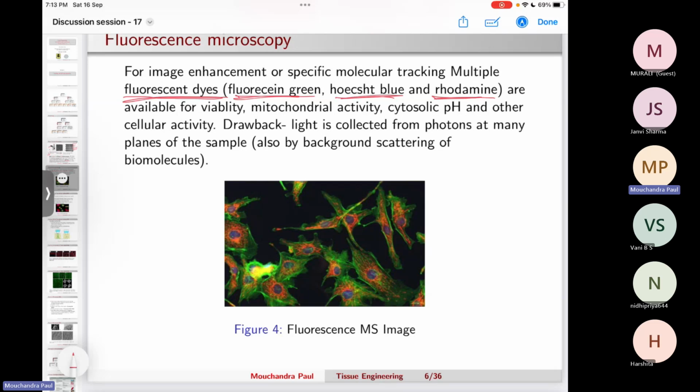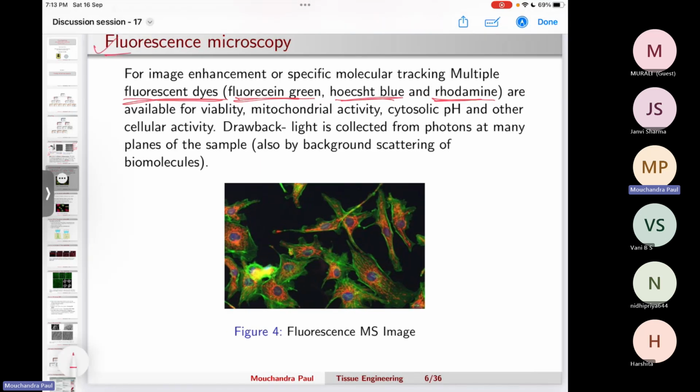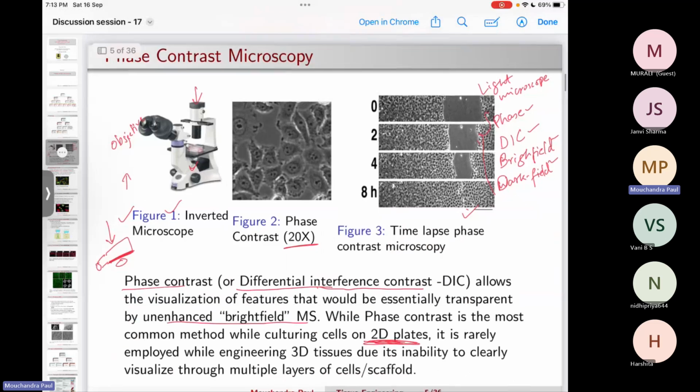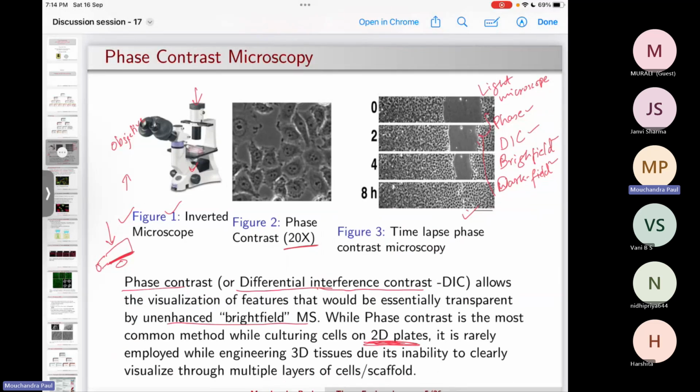So in order to see these samples which are stained with fluorescent dyes, you need another type of microscope, a fluorescence microscope, where instead of the white light. In the previous types of microscopy techniques, you are using the white light, using the visible range that is from 400 to 700 nanometer, correct?